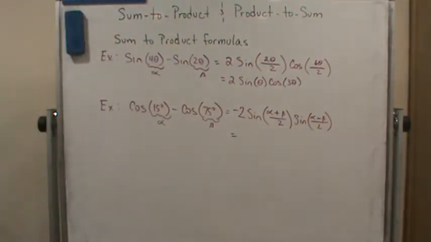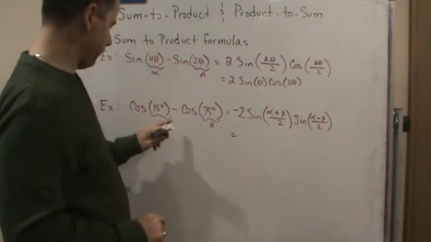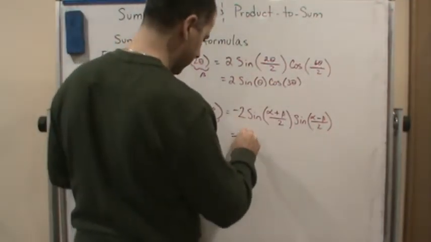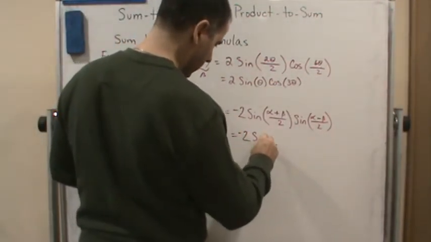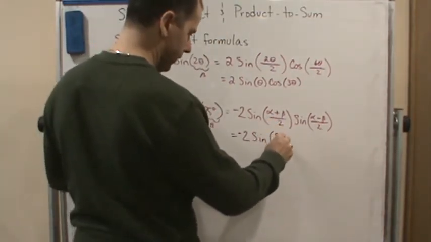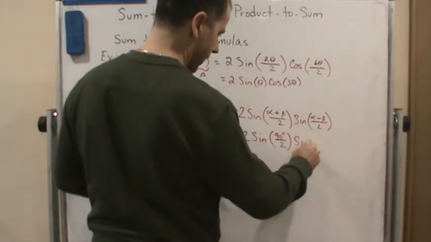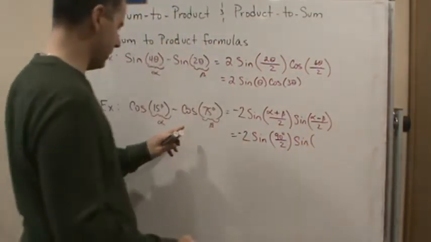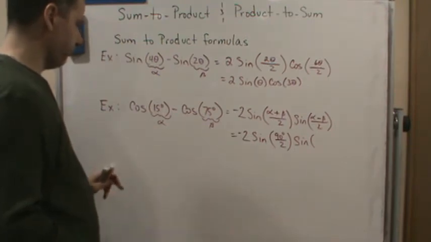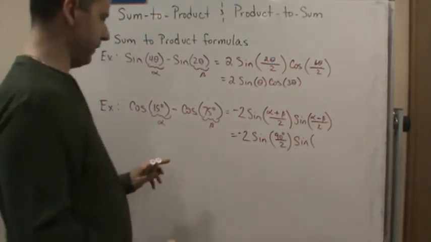Well, 15 plus 75 is 90, so this is going to be negative 2 sine of 90 degrees over 2 times sine of, well, now the difference between the two is 15 minus 75.